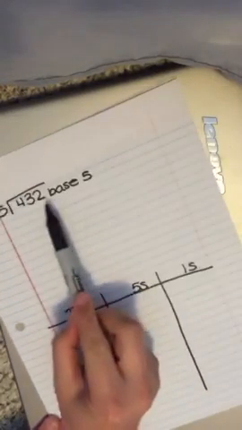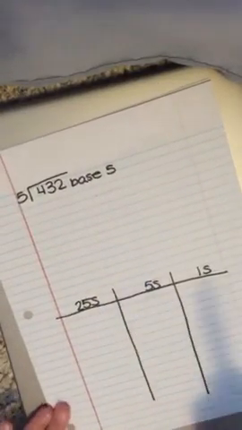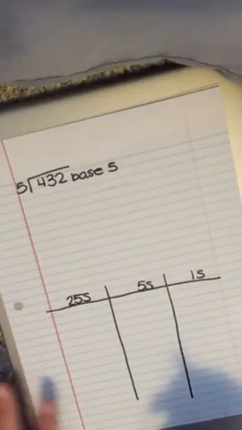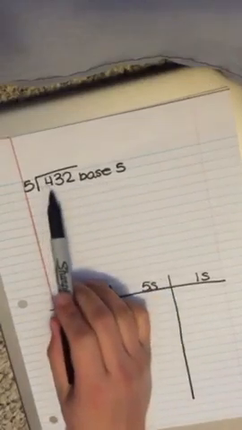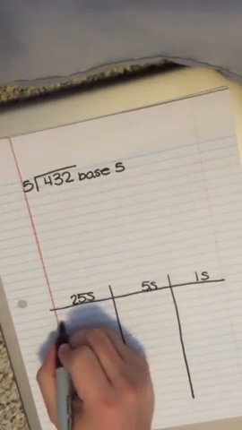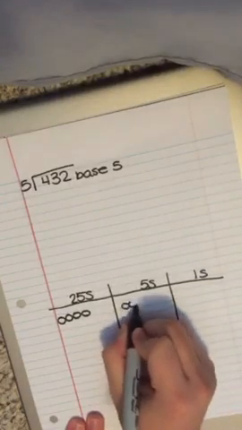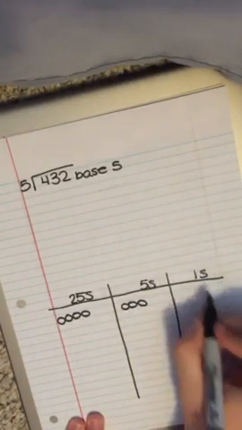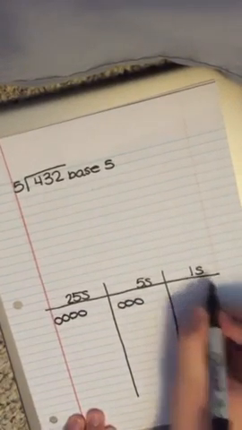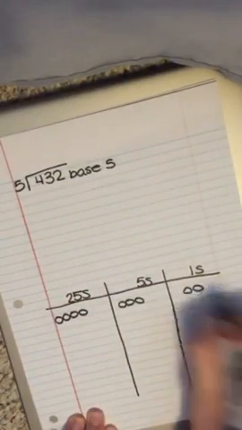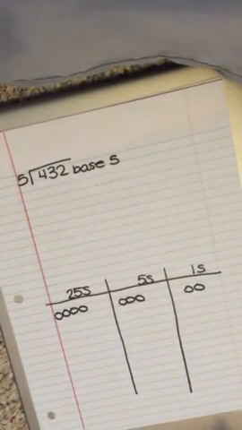The next thing we're going to do is represent this number right here down on our chip model. Because we have 4 in the 25's place, we're going to represent that with 4 chips, 3 in the 5's place, and the 1's place has 2, so we'll represent that with 2 chips.